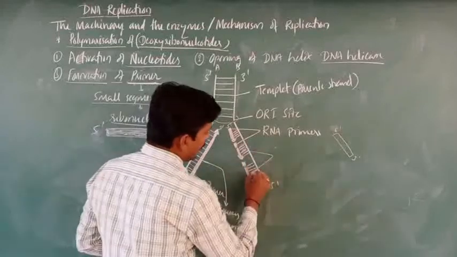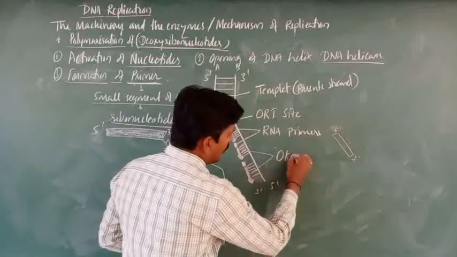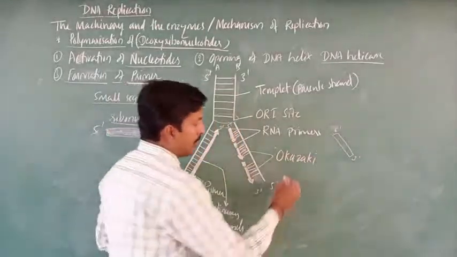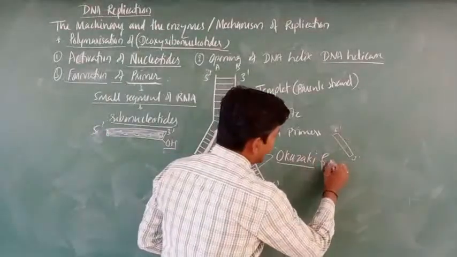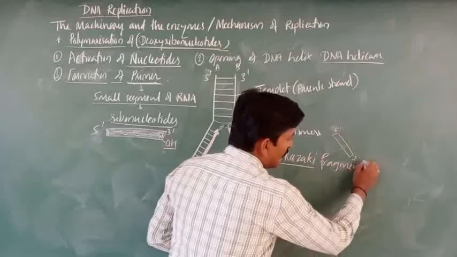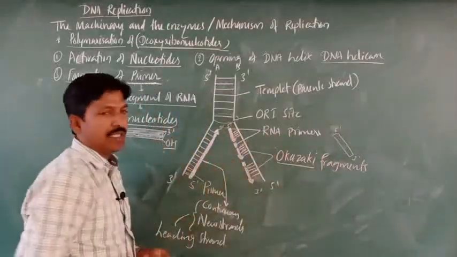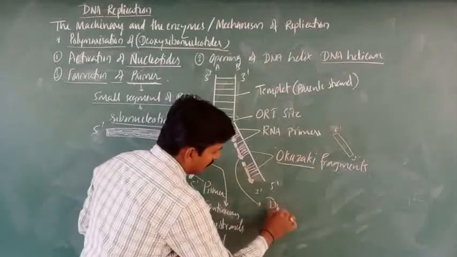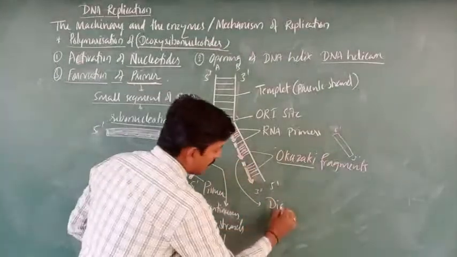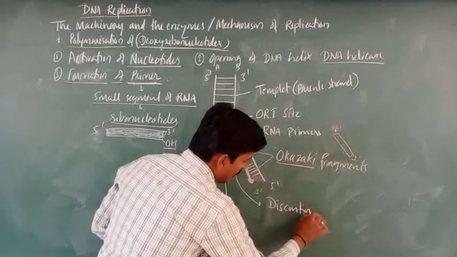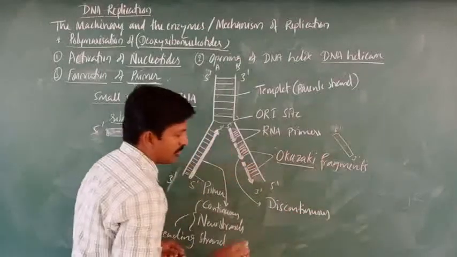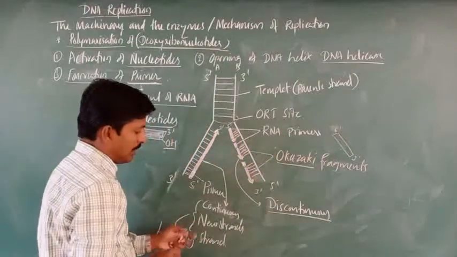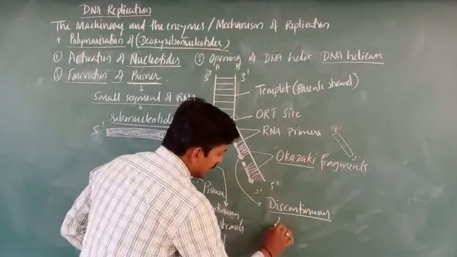These segments are called Okazaki fragments, named after a Japanese scientist, Okazaki. So it becomes discontinuous. This is not a continuous strand, it is a discontinuous strand, and due to this discontinuous strand we call it the lagging strand.